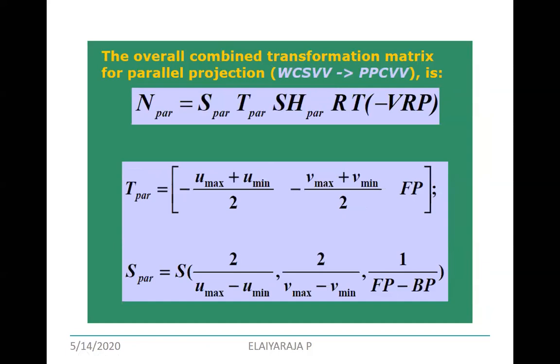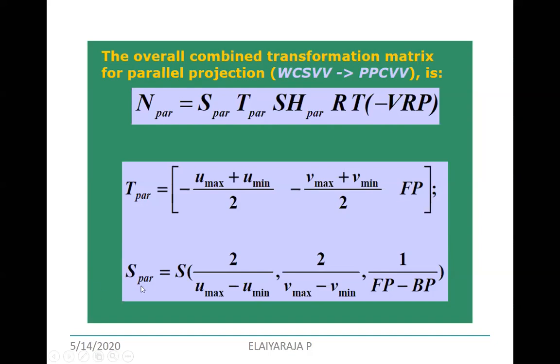Next, about your translation as well as scaling. With respect to the translation, you take the viewport coordinates: u max plus u minimum divided by 2 with respect to x, comma, v max plus v minimum divided by 2 with respect to y, and the front plane.